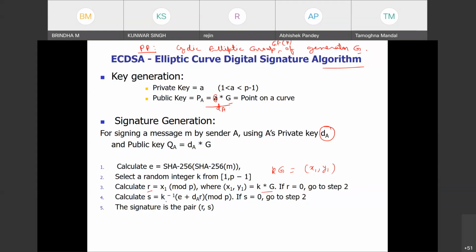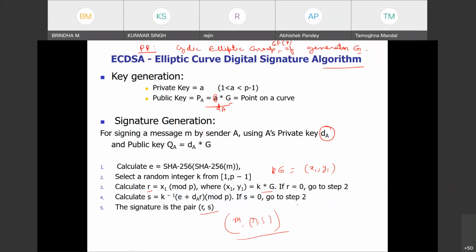Then S is K inverse times E plus private key DA times R. This also should not be 0. If it is 0, then go back to step 2 and do the calculation again. And this will be the signature. So M, R, S will be the signature, and this will be verified.